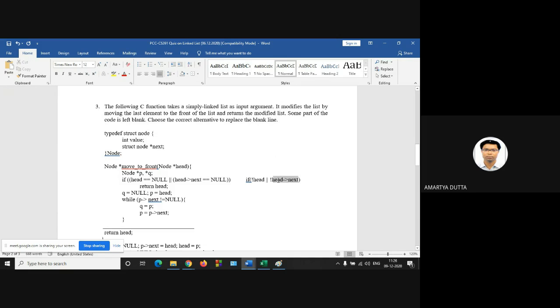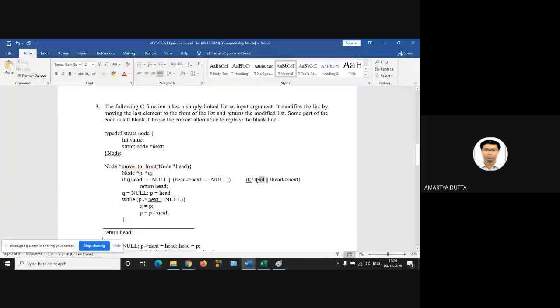You don't need to put any bracket because the arrow operator has higher precedence than the not operation, and the not operation has greater precedence than the or operator.